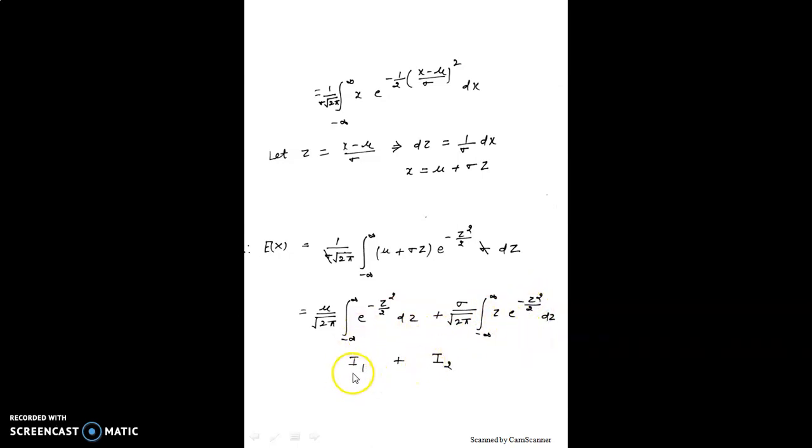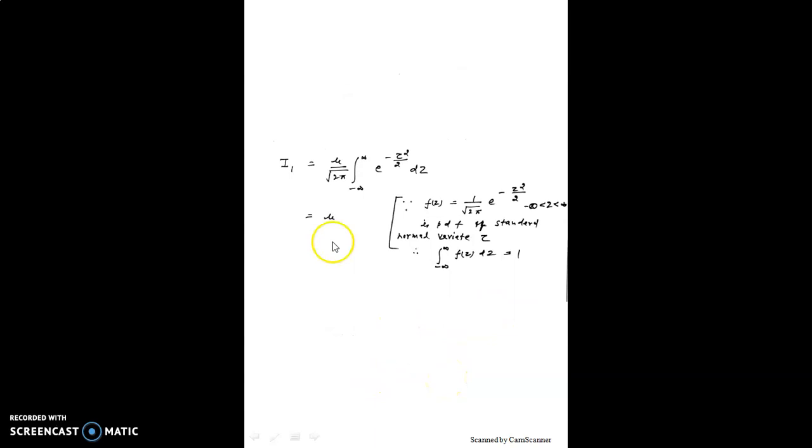Let us take the first integral as I1, and the second integral as I2. I1 is mu times integral from minus infinity to infinity 1 upon root 2 pi e to the power minus z square by 2 dz. As we know, f(z) is the probability density function of the standard normal variate z, and integral from minus infinity to infinity f(z) dz equals 1.